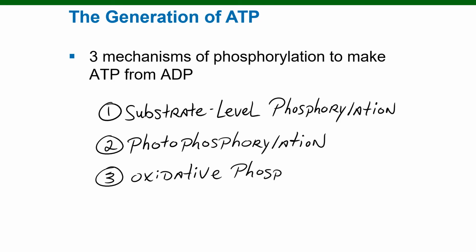This is where the electron transport chain and a series of redox reactions between electron carrying complexes will bring about the formation of ATP during what's called oxidative phosphorylation.